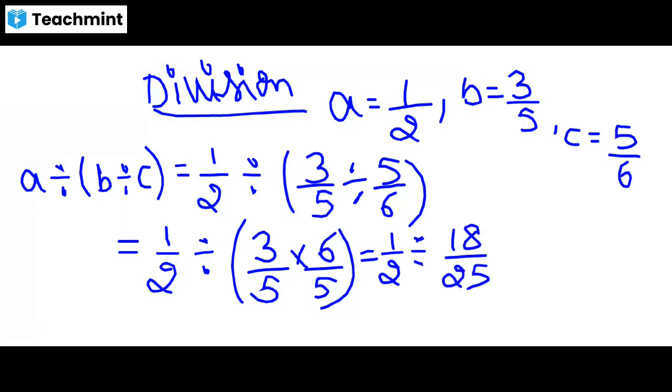So now what you get: 1 by 2 divided by 18 by 25, since 3 sixes are 18. Now how will you simplify this? 1 by 2 as it is I am going to write.